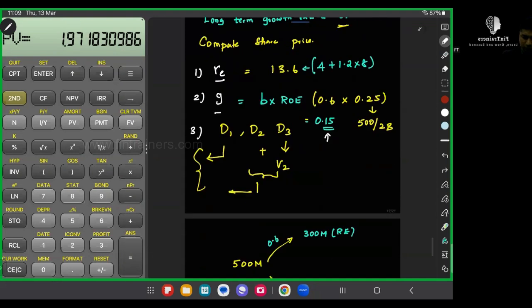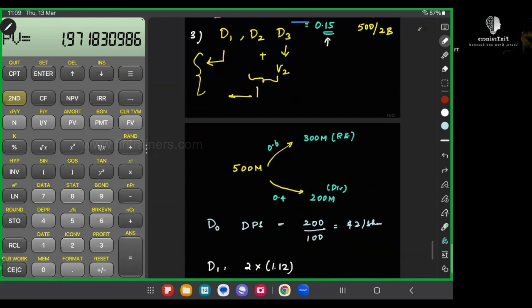The next one is to use the share price we got plus the dividend in the second year, which is 2.508. So that becomes your FV in the second year. Then change your N to 2, compute PV, store this in one more memory slot, recall 1 plus recall 2, your share price is 31.03, right?